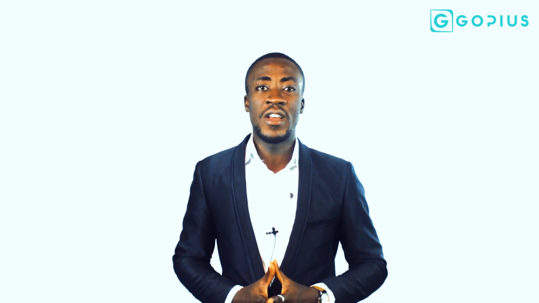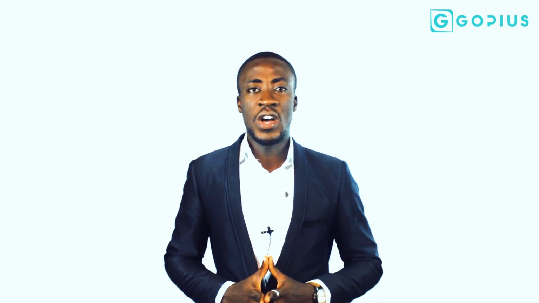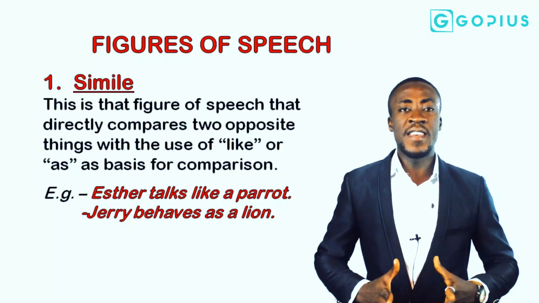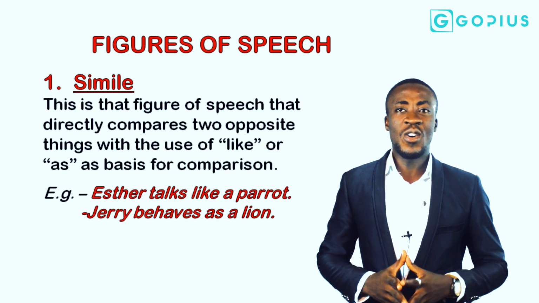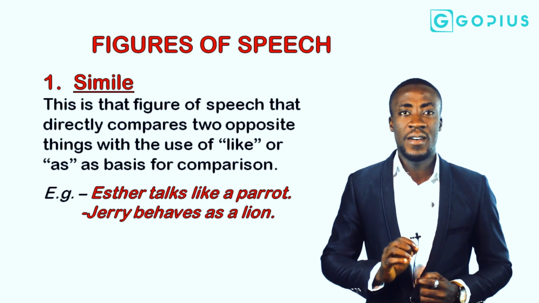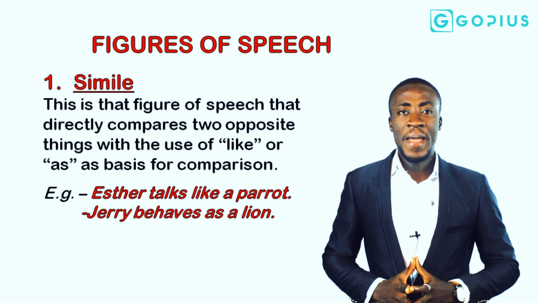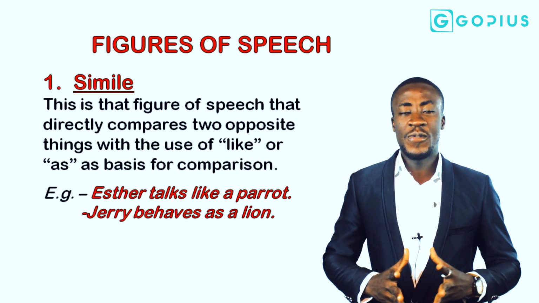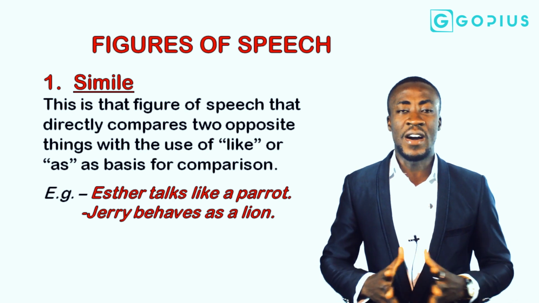You can also call it figures of speech. The first figure of speech I want you to know is simile. Simile is that figure of speech that directly compares two opposite things using like or as as the basis for comparison. When we talk about this figure of speech, there must be the presence of two opposite concepts.